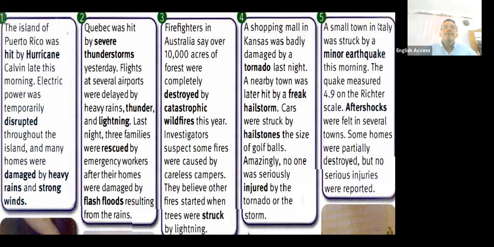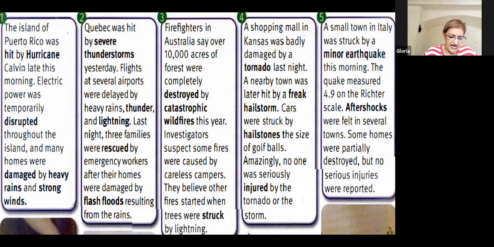All right, let's practice the reading, please. Gloria, can you read number 1? Okay, teacher. The island of Puerto Rico was hit by hurricane Kelvin late this morning.